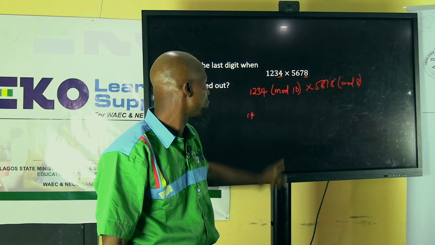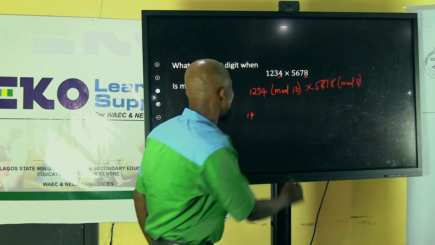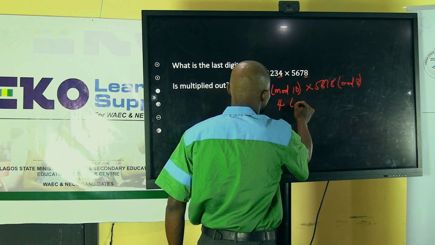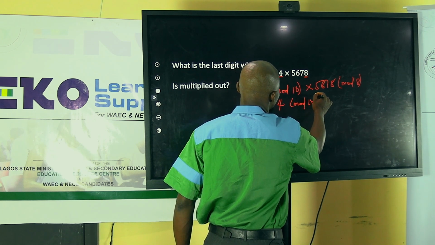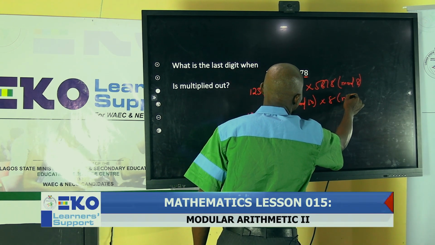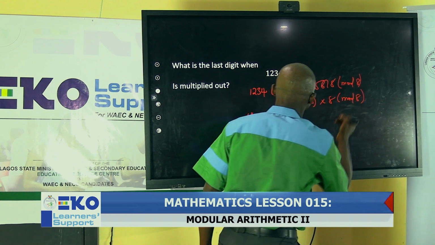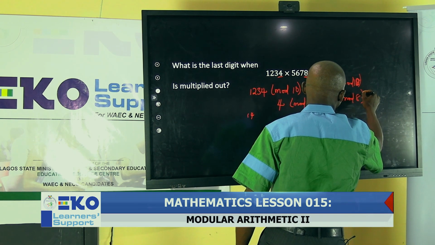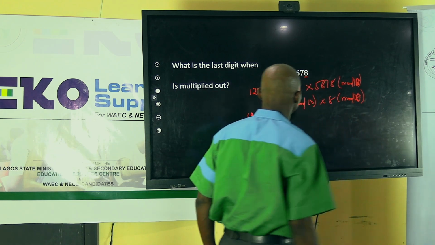Alright? So what do we do? The last digit here is 4. So it's like 4 modulo 10 multiplied by 8 modulo 10. Sorry for that, this is 10, modulo 10. Okay.